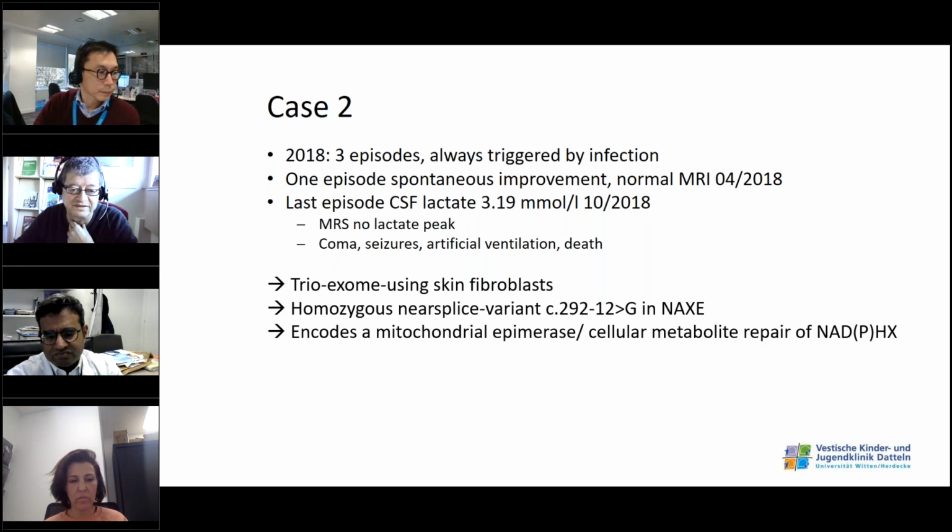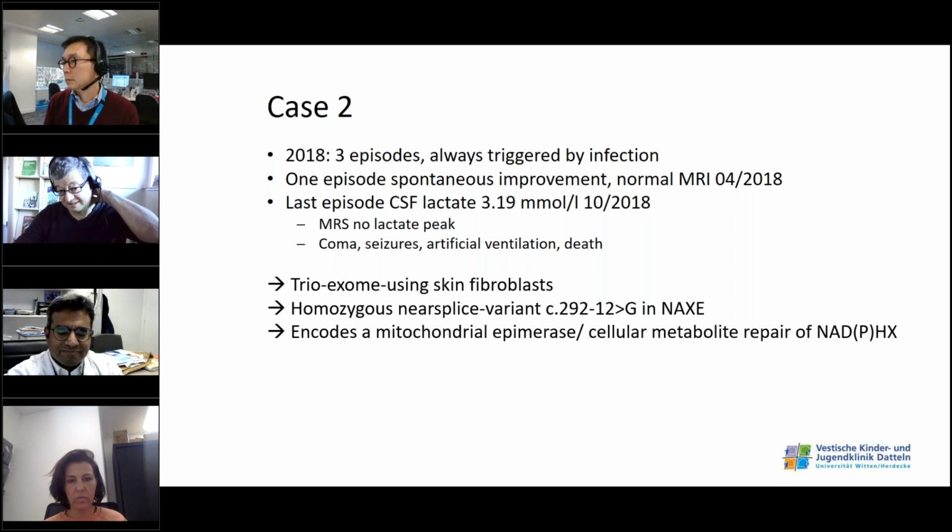That was for us a very dramatic case. I would have bet that the initial episode was autoimmune triggered, but in retrospect, the red flags were consanguineous parents and a slightly elevated lactate the second time.